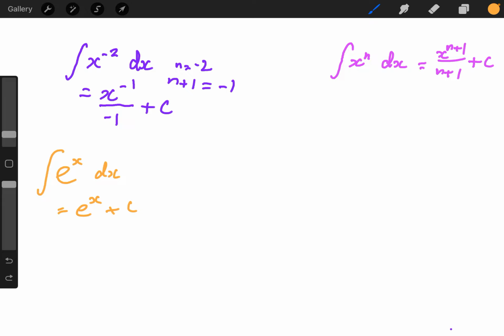Alright, so that's that. Is there any other easy ones? Let's just do that. Integral of that is just 3x. So pretty simple. Plus c.